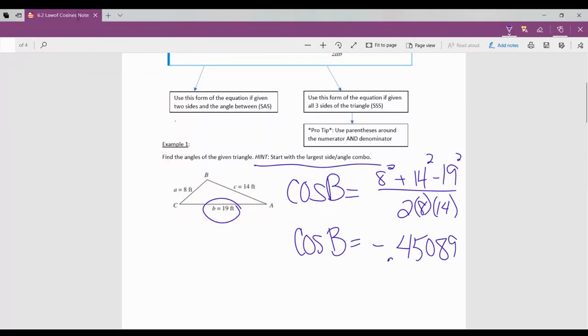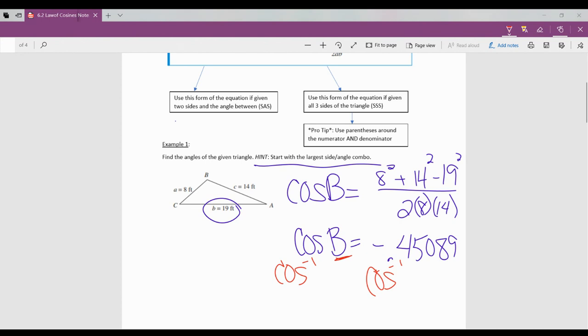I'm going to leave that value on my calculator, and I want to solve for B. So I want to get rid of cosine, so I'm going to do the inverse cosine. Once again, just a reminder, double check that your calculator is in degree mode because we're trying to find the angles of a triangle.